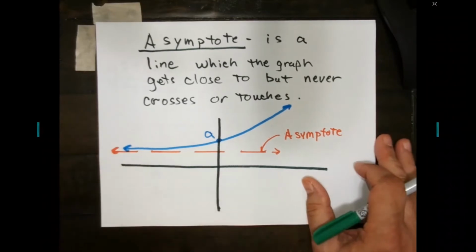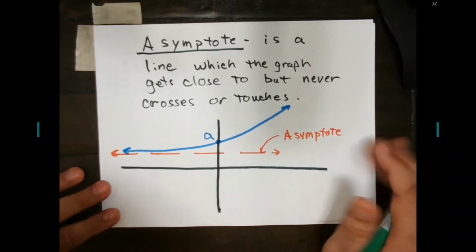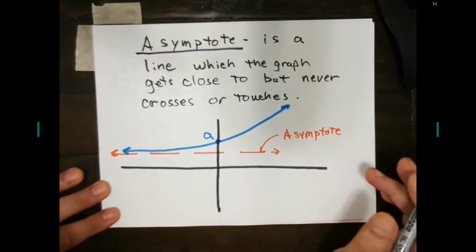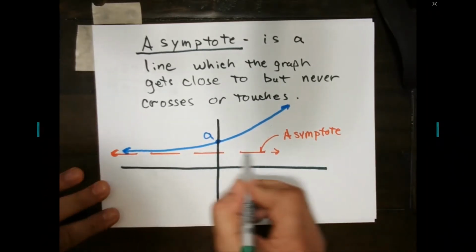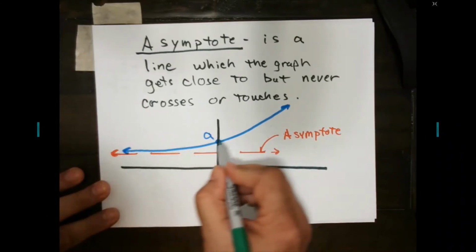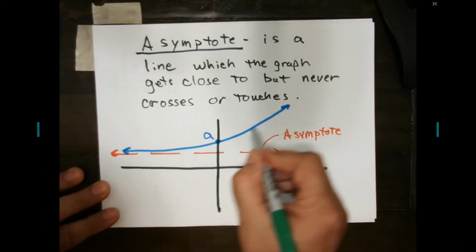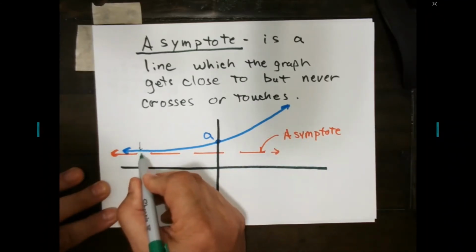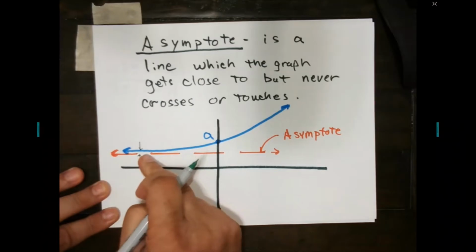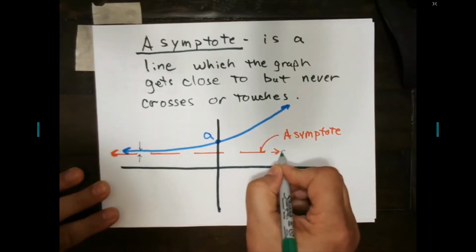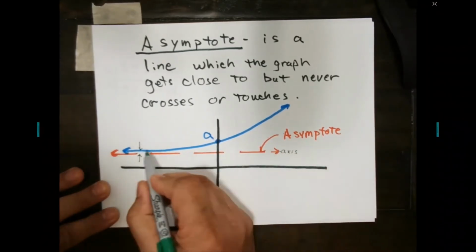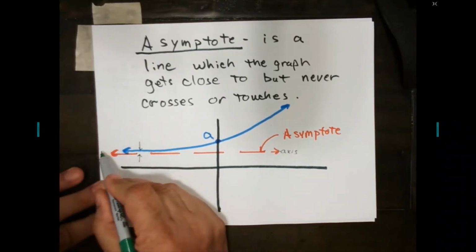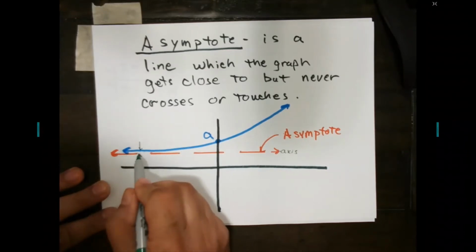Exponential functions have what's called asymptotes. An asymptote is a line which the graph gets close to but never crosses or touches. In this case, this red line is our asymptote. This is an increasing exponential function. You can see it's increasing uphill to the right. And this distance between this axis and the function in blue always gets smaller and smaller as we go away, but it never touches or crosses.